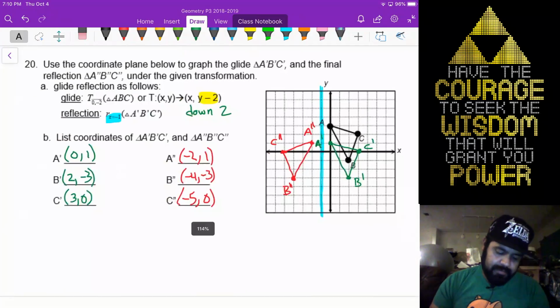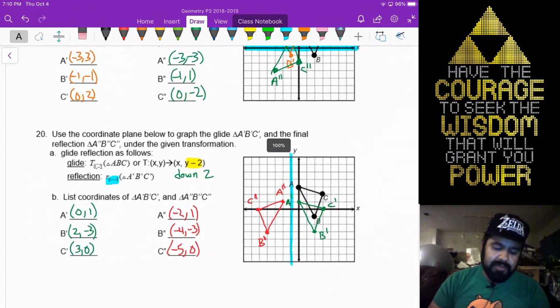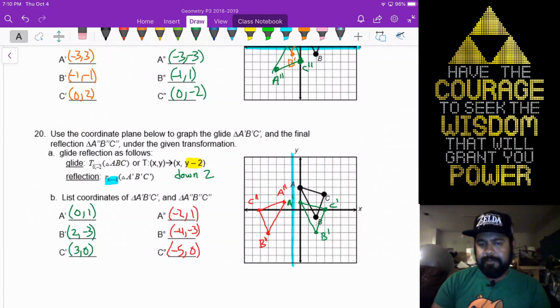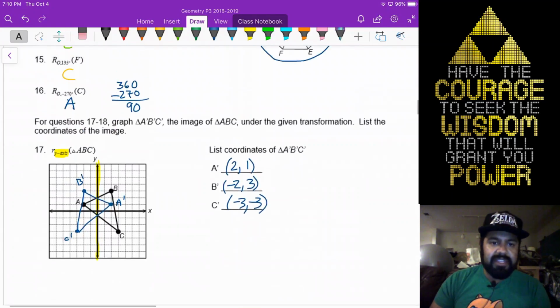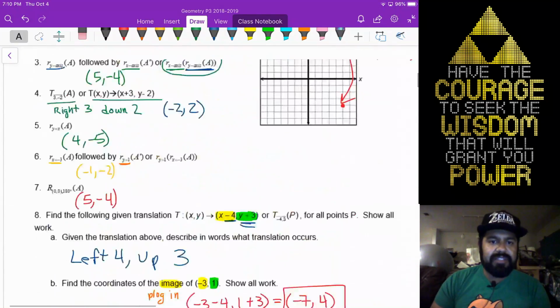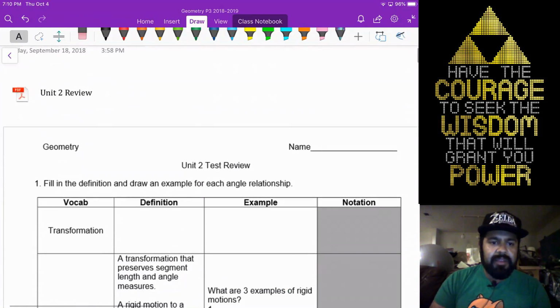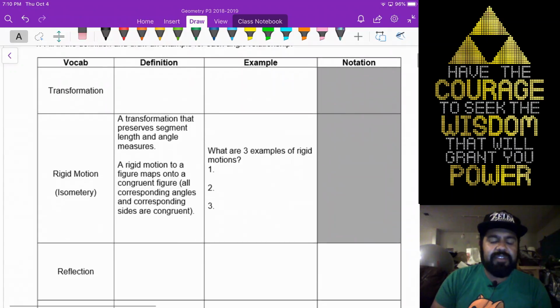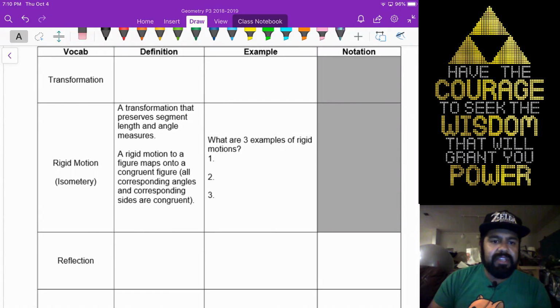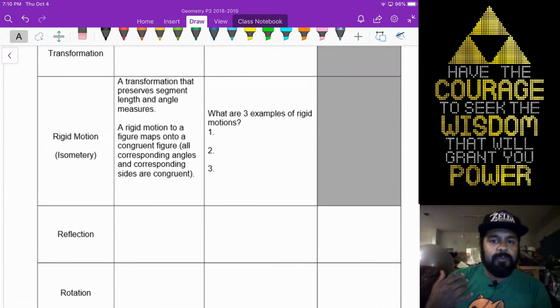Okay. So now we have done the entire review. This is not all that's on your test, right? You guys need to know conceptually what's going on. You need to understand all these different things. What is a transformation? What are examples? A rigid motion. We've talked about 3 examples of rigid motion.